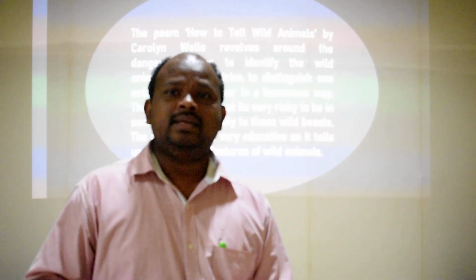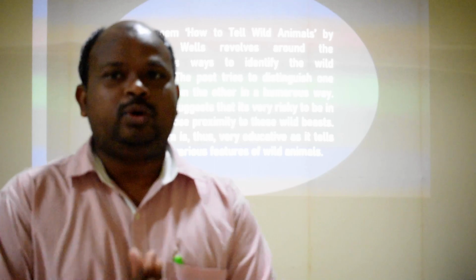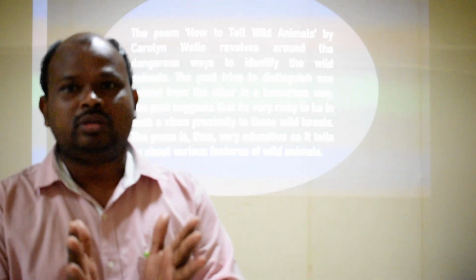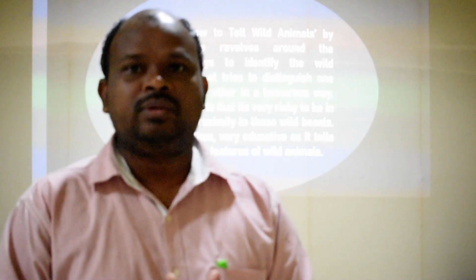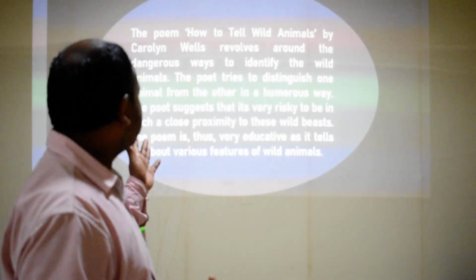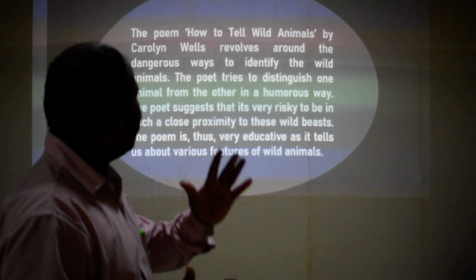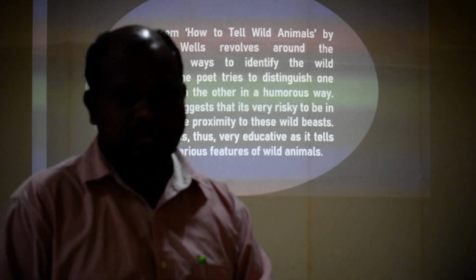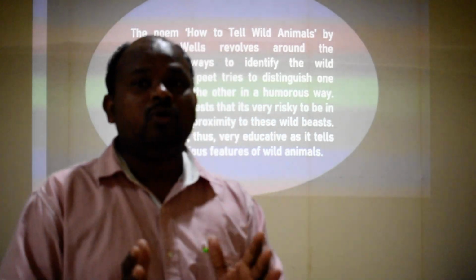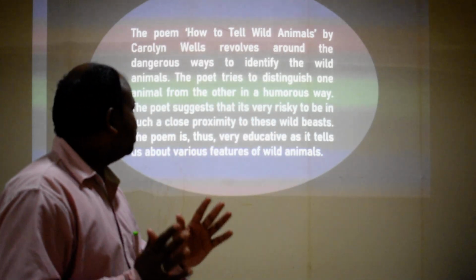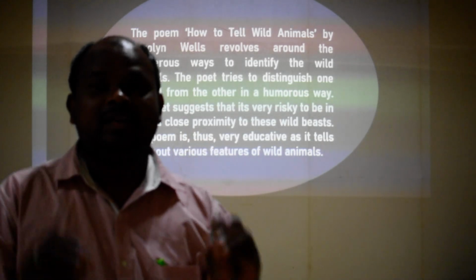Now we come to the central theme of the poem. What is the poem talking about? The poem How to Tell Wild Animals revolves around the dangerous ways to identify the animals.